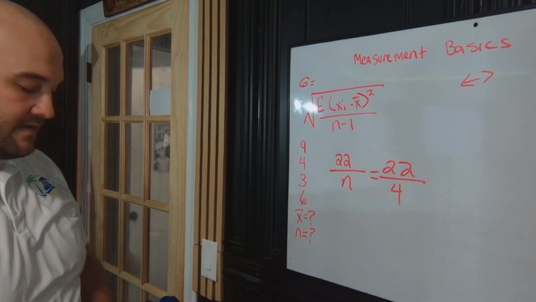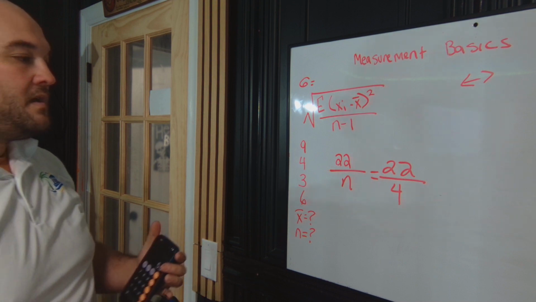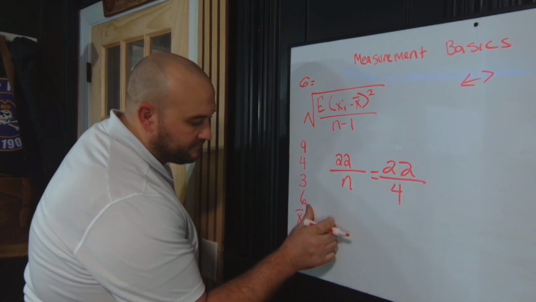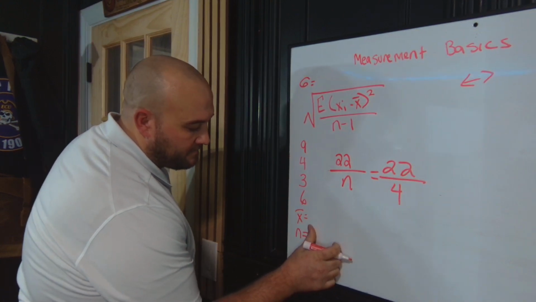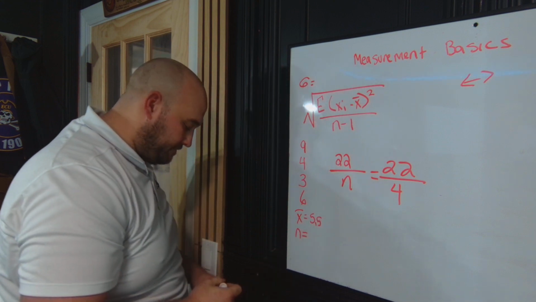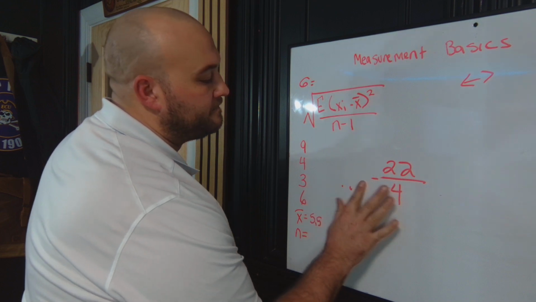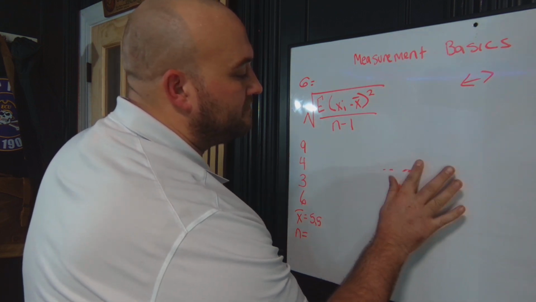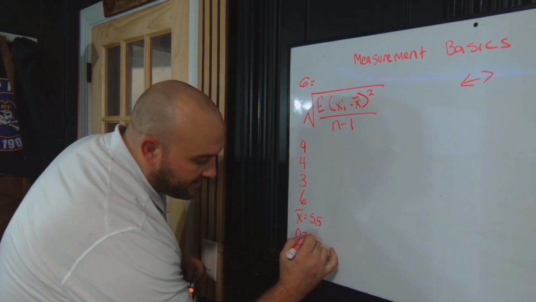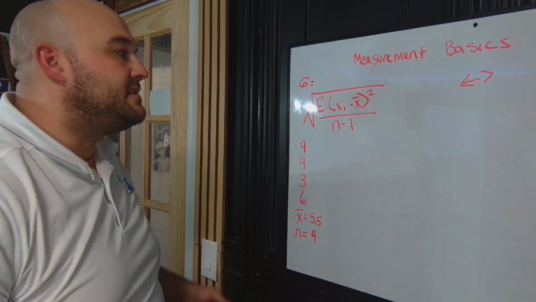Now, when I do this, I'll get an x bar value of 5.5. And I have an n of 4. Okay, so what does that tell us?